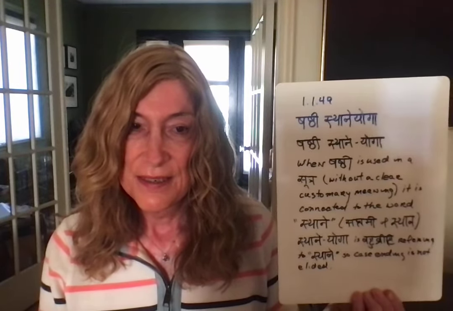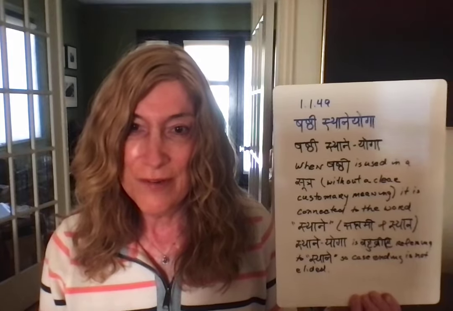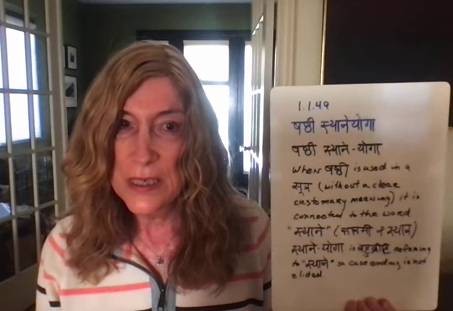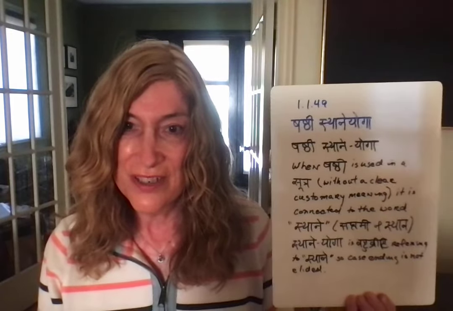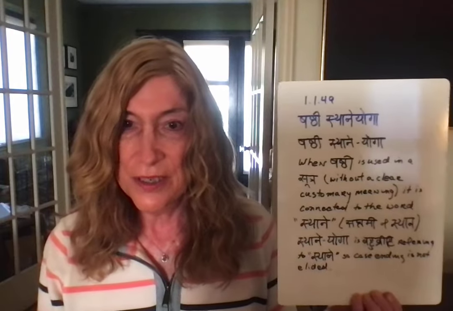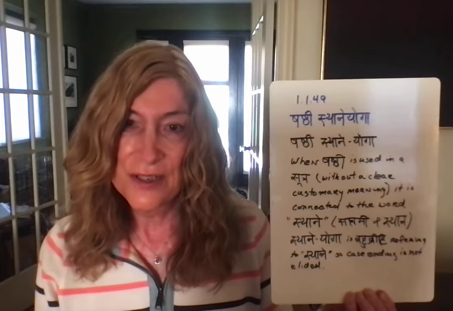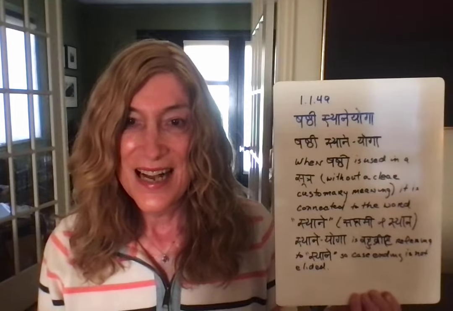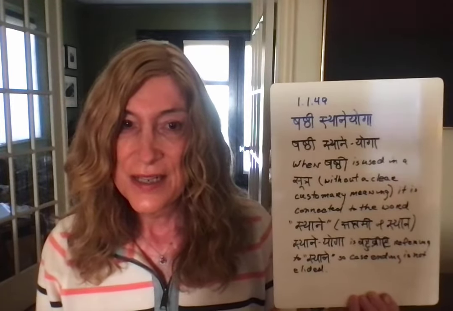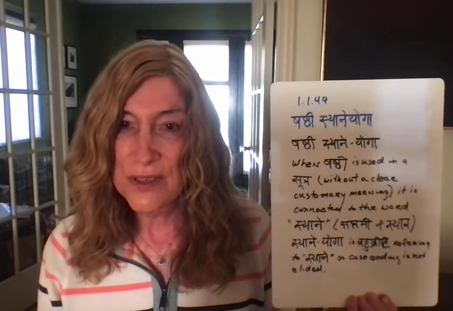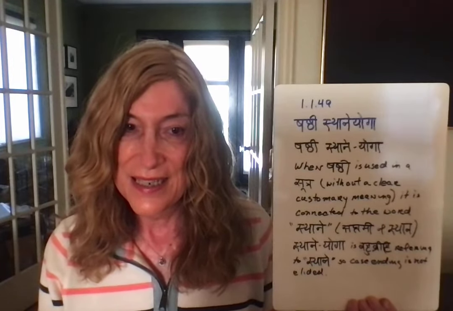A straightforward way of translating that would be "in place of." So when shashti is used in the grammar without a clear-cut, standard, customary reason, then we understand that it is joined to the word sthane.